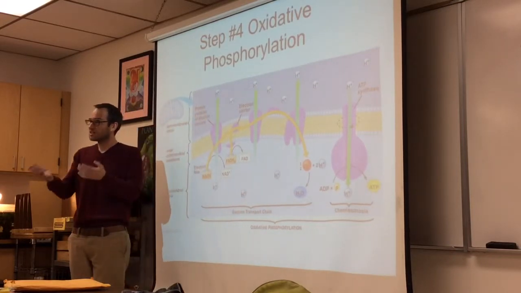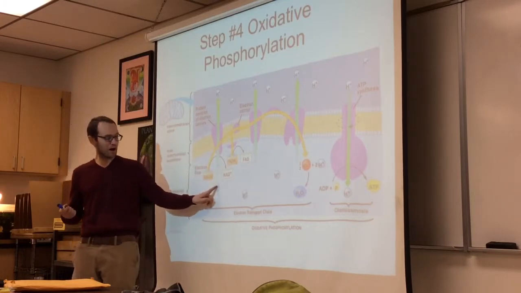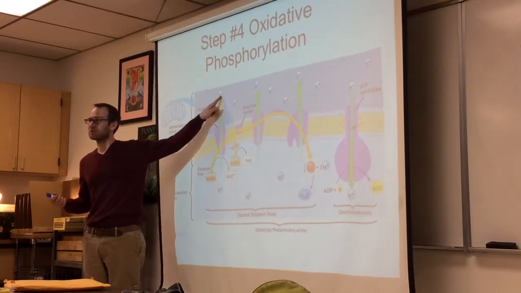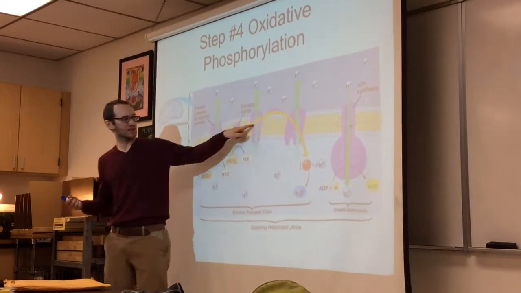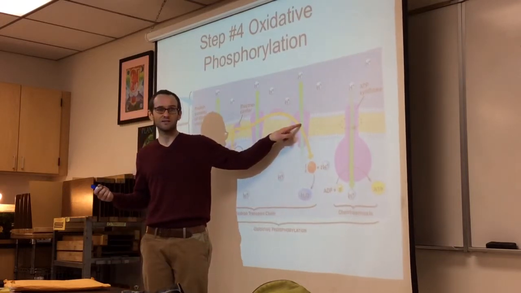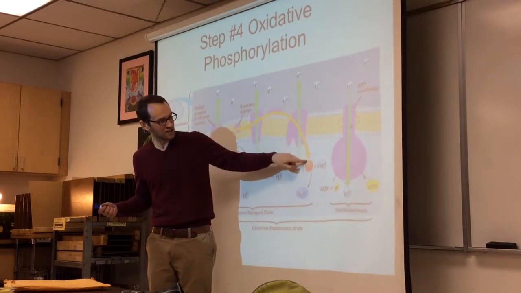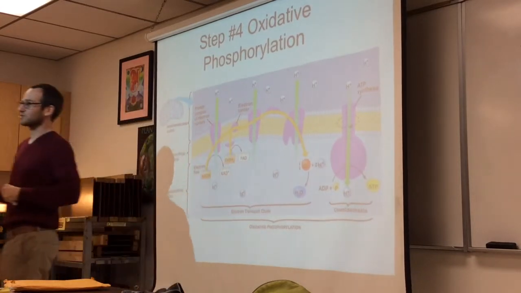But as they do it, some of the energy of the electron is imparted to the protein. And it uses that energy to pump a proton across the membrane. Electron goes to the next neighbor, it pumps a proton across the membrane, goes to the next, pumps a proton across the membrane. And then at the very end of the chain, guess where it goes?